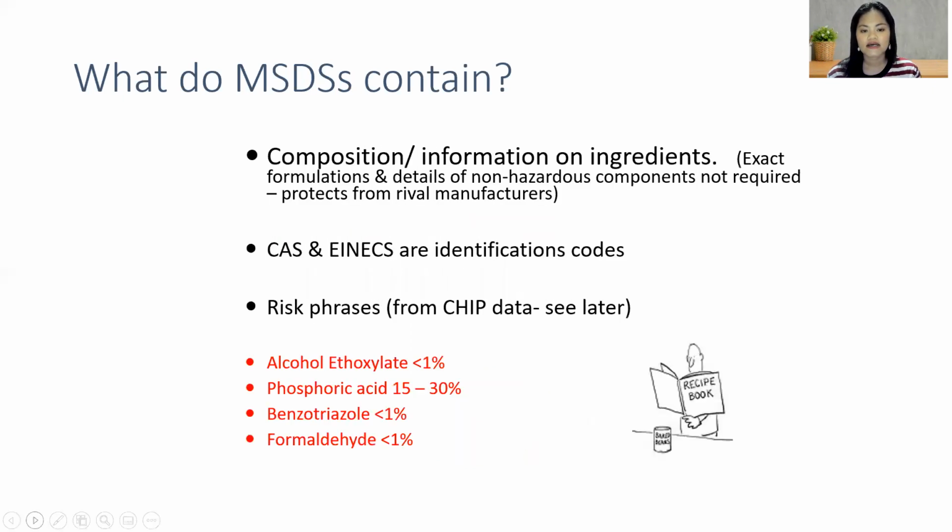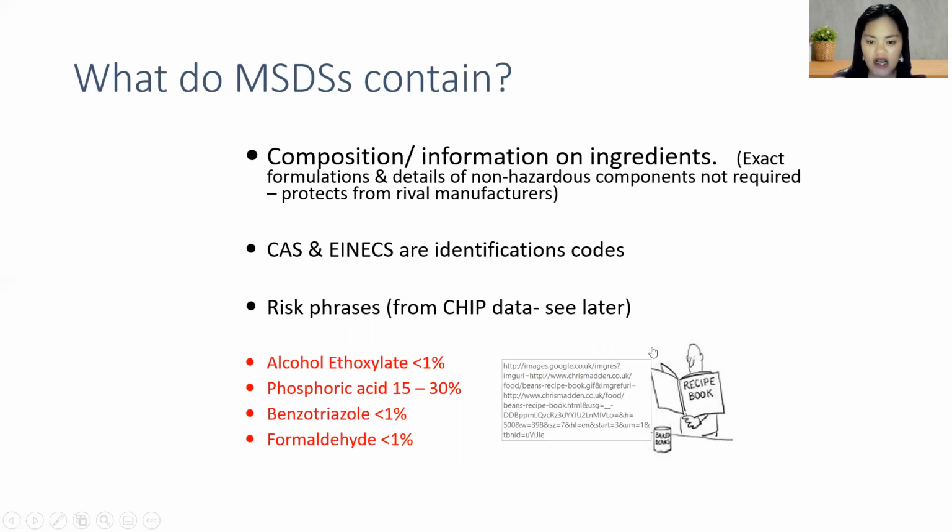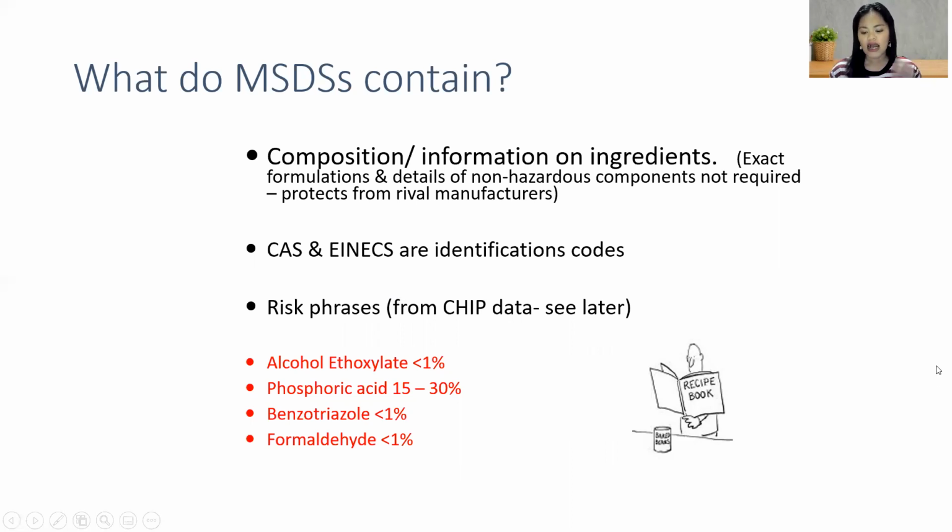It also contains a lot of information such as the composition, or information on the ingredients. The CAS and EINECS numbers are identification codes so that there can be tracing if there are unnecessary accidents. You also have the risk phrases from the data in the composition of the ingredients.